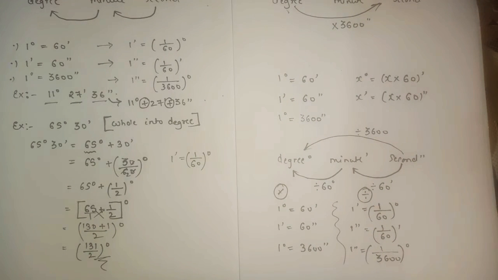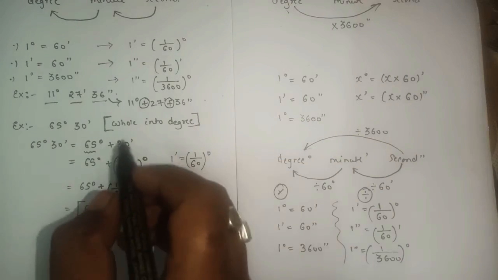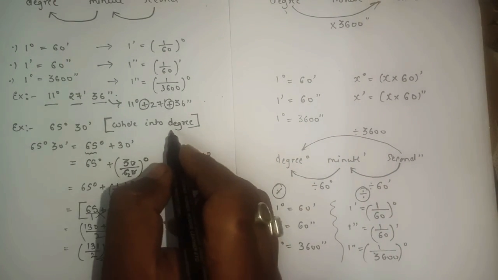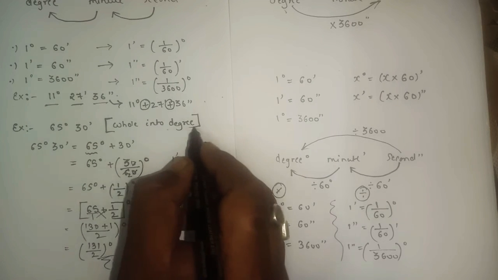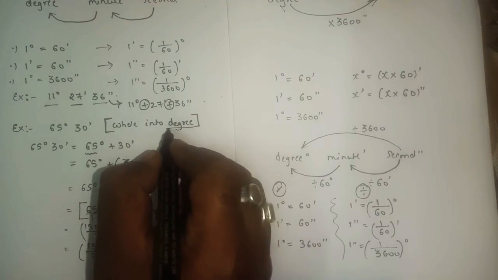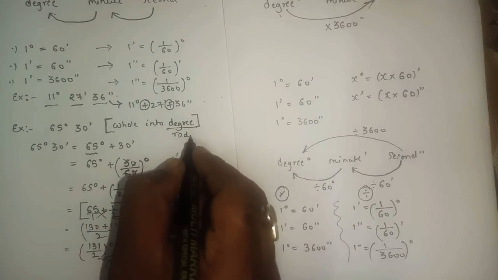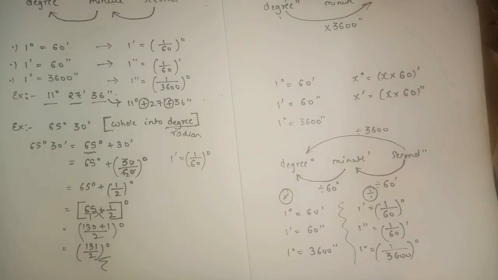Okay, suppose there is a twist in the question, if it says that after converting the whole section into degree, also convert that section into radian, as here we got the answer in terms of degree.